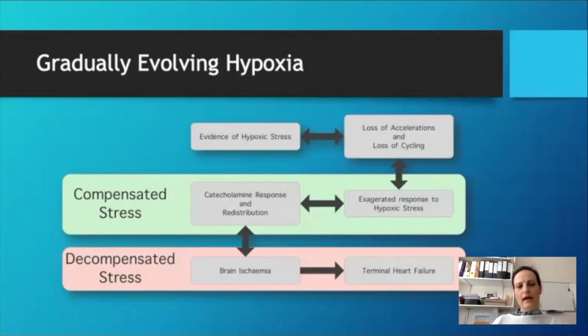When we say there's a baby with some signs of decompensation, or a CTG with signs of decompensation, we are not saying that the baby's brain is getting ischemic and it's about to die. There is a space that, depending on the baby, could be minutes to hours, where the babies go into almost a hibernation stage.